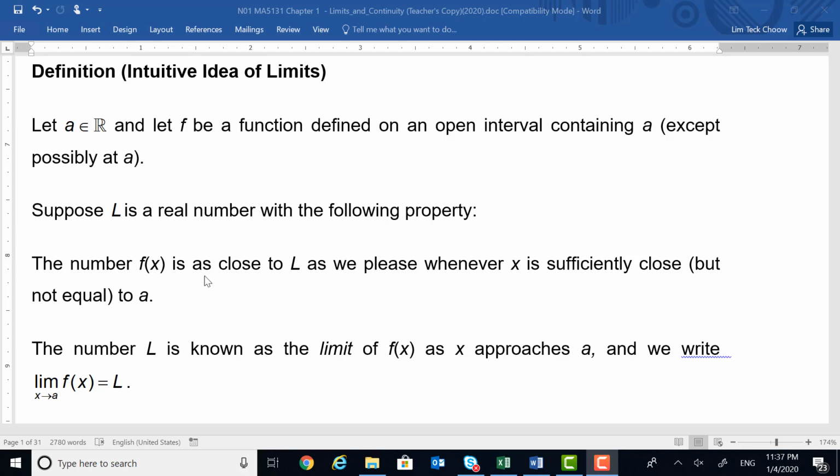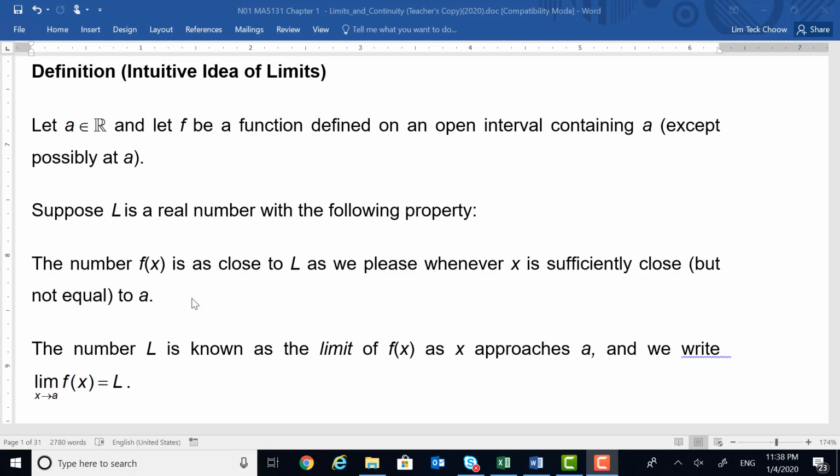This function will go very, very close to the value L as x goes very, very close to a, but not equal to a. It's important to note that when we say x is approaching a, this means it goes very close to a but is not equal to a.